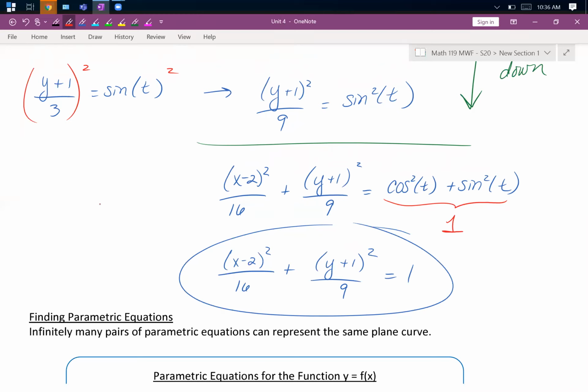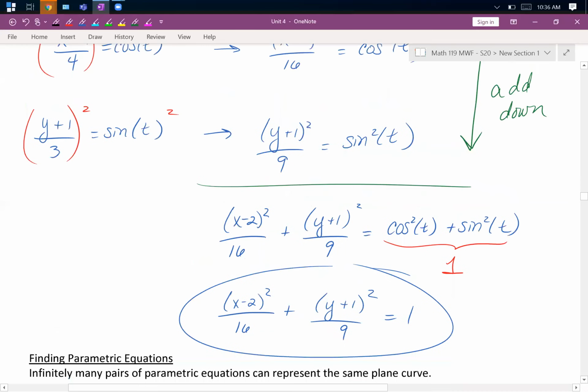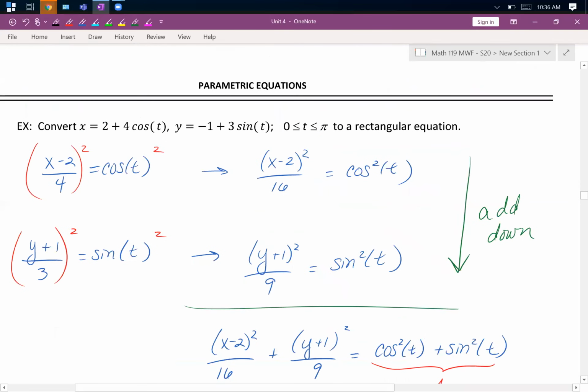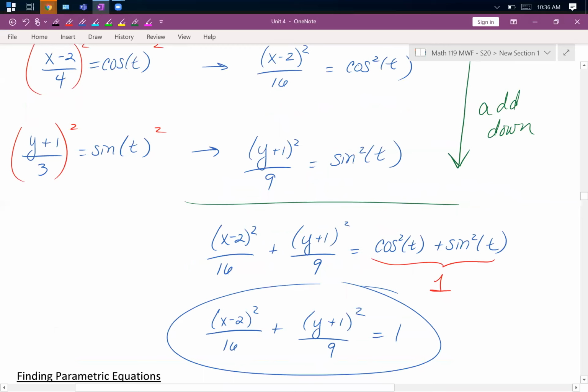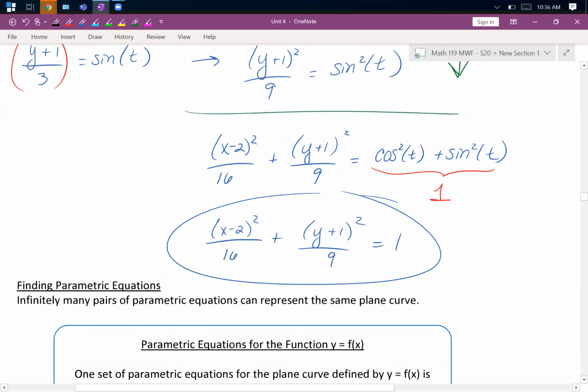If I wanted to do the domain, this would be horrible trying to do it algebraically, like solving this for t. I don't want to deal with cosine inverse of (x minus 2) over 4. So I would definitely graph this. Our center's at (2, -1).